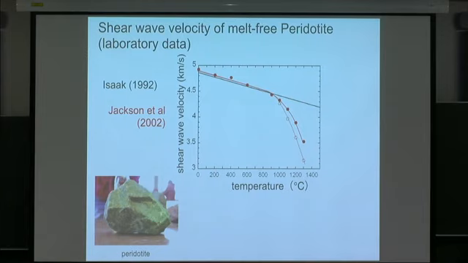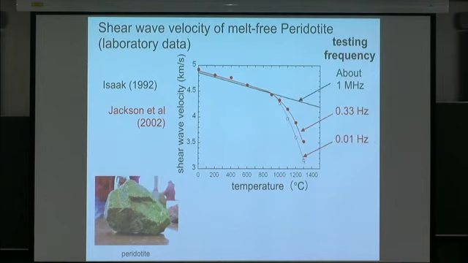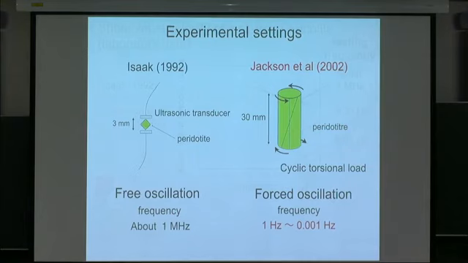The difference between these two experiments is in the testing frequency. Isaak tested the sample at about 1 megahertz, but Jackson et al. tested at much lower frequencies, like 0.33 hertz and 0.01 hertz, which correspond to the seismic frequencies. And these are the experimental settings.